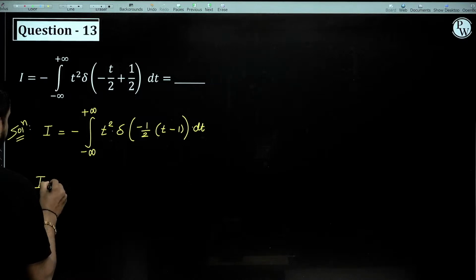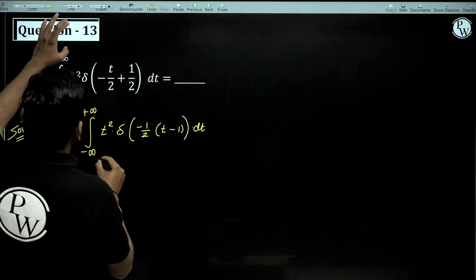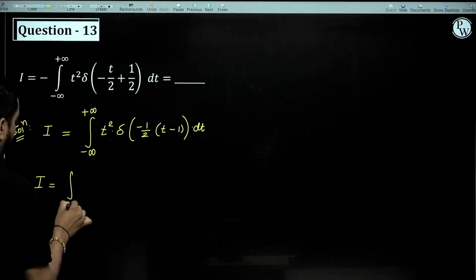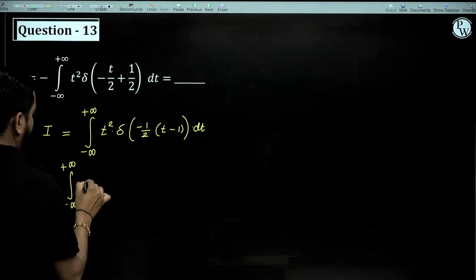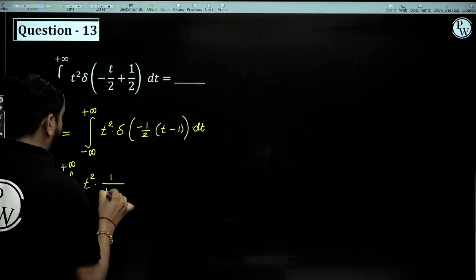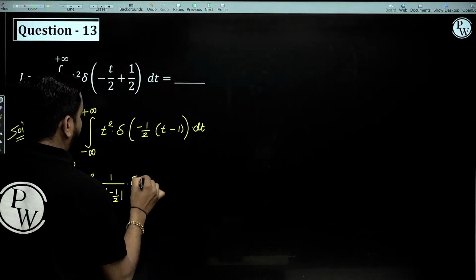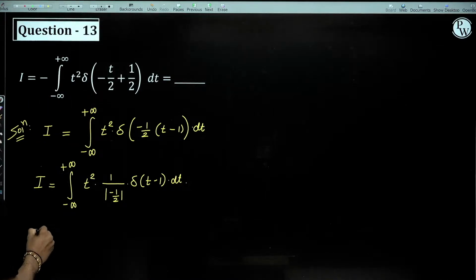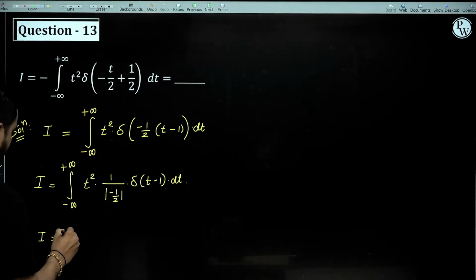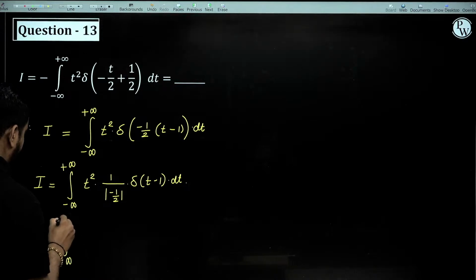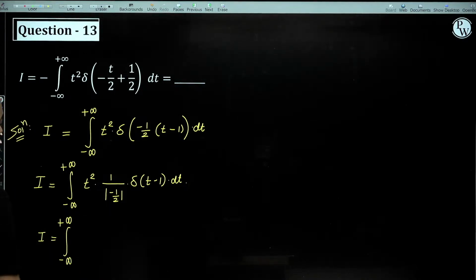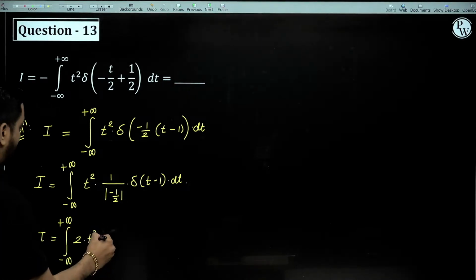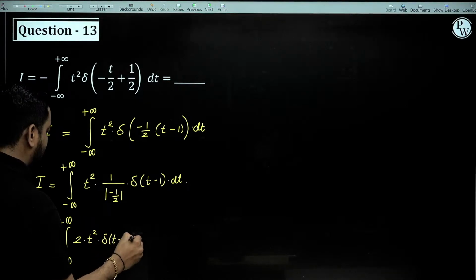Now the scaling property, guys. So here integration minus infinite to plus infinite t square 1 upon mod -1/2 del t minus 1 dt. So I is equal to integration from minus infinite to plus infinite of 2 times t square, guys, correct? 2 times t square into del t minus 1 dt.